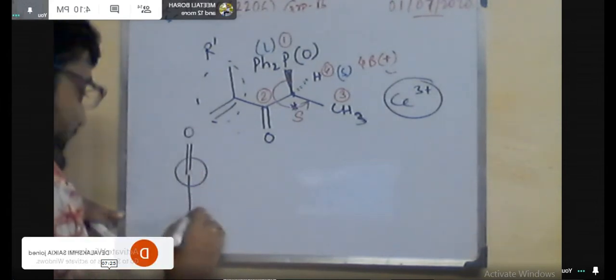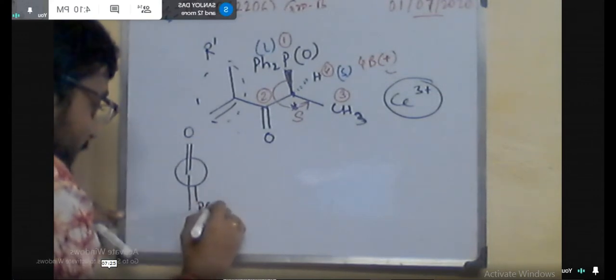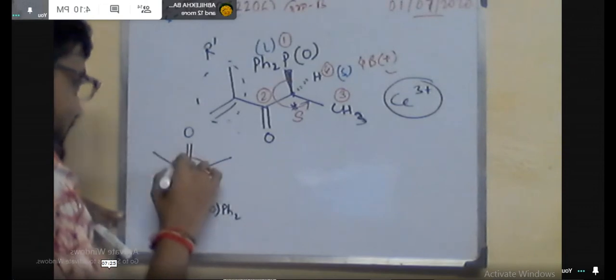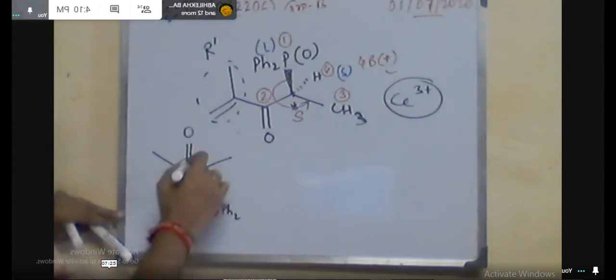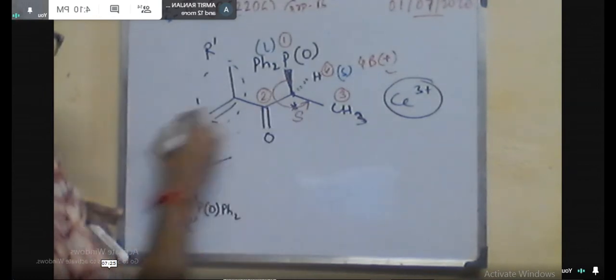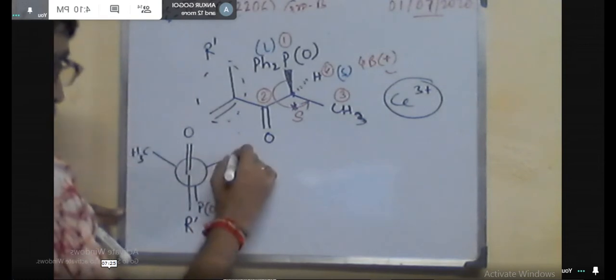Now here you can see both the electronegative oxygens form the chelate model. This is the chelating group.